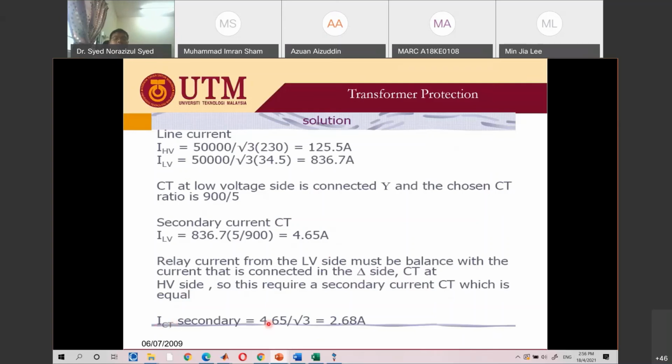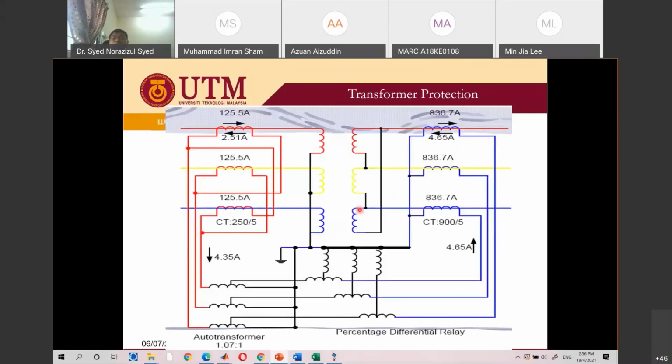So for ICT secondary, since you have the delta, I think the picture is there. So this is the delta, the secondary part, and then this is the star.